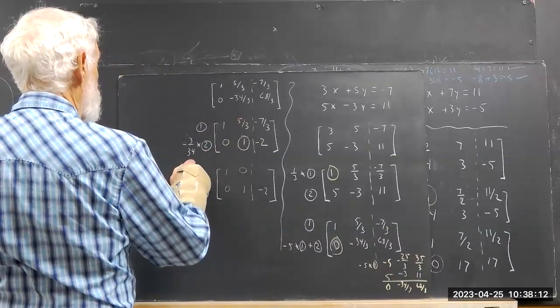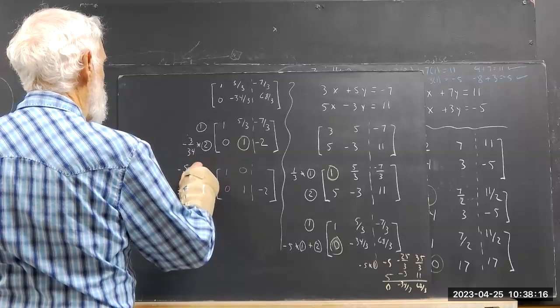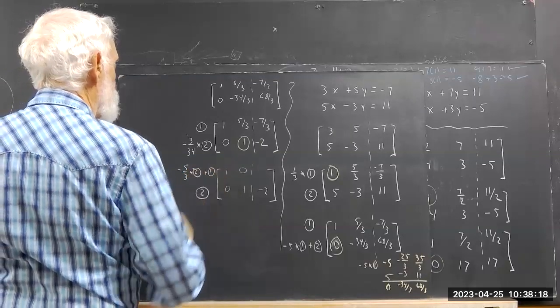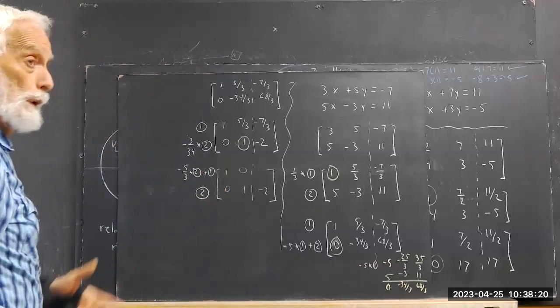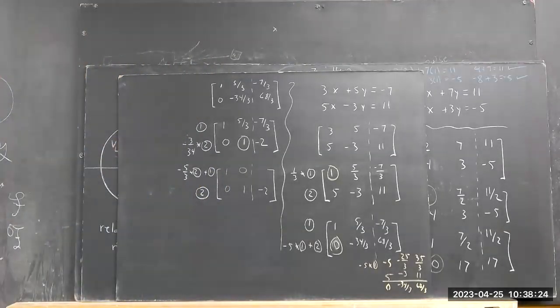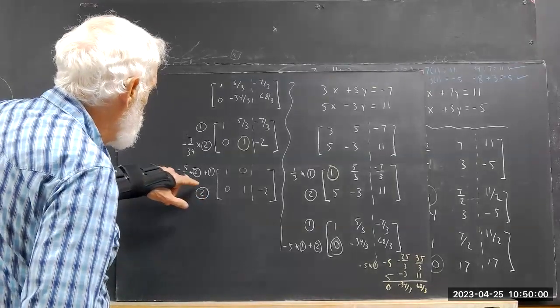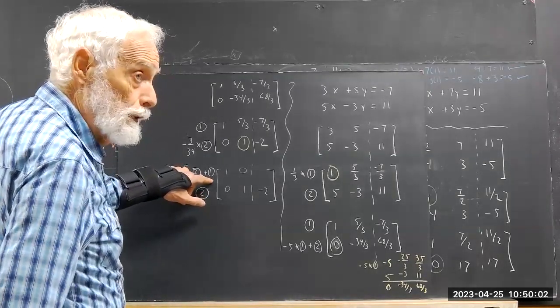So we'll do -5/3 of row 2 and add that to row 1. So go ahead and do that if you haven't already.